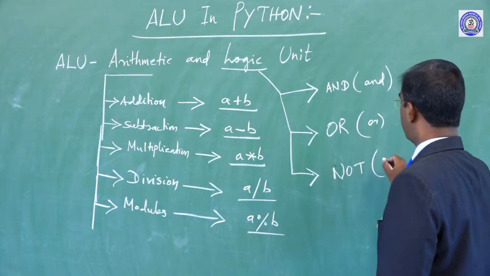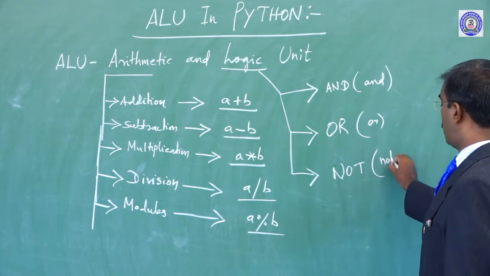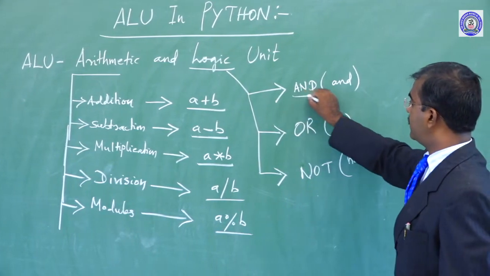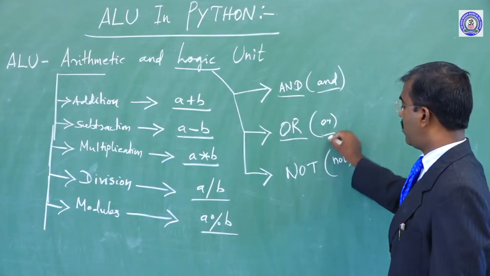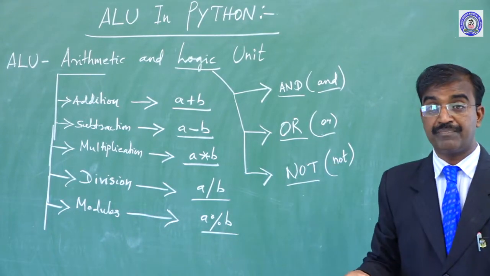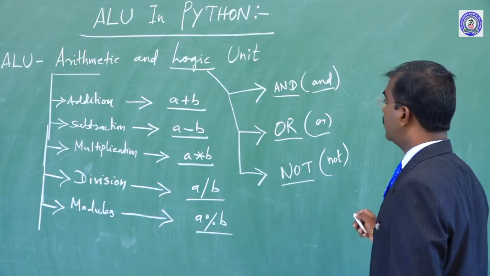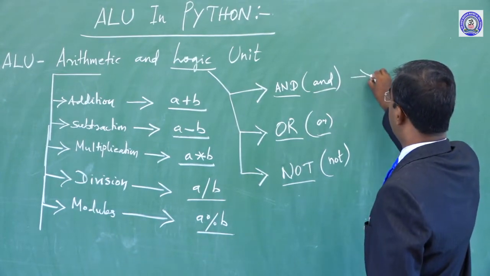Okay, NOT operation also we will introduce. Sir, how can we use the OR operator and AND operator? We use the logical operation A and B. Let me simply give an example.